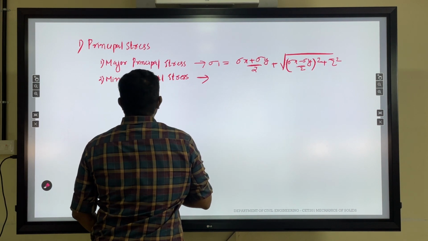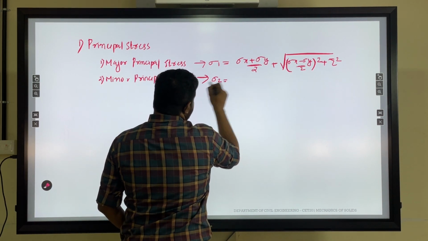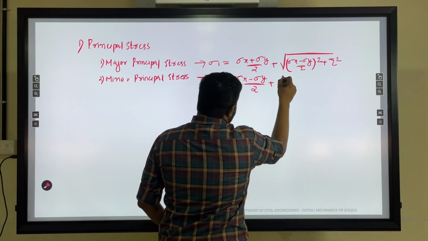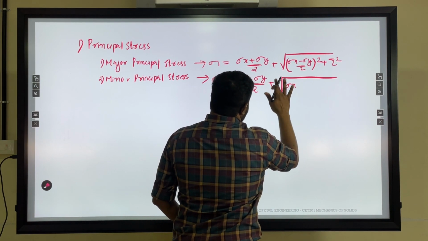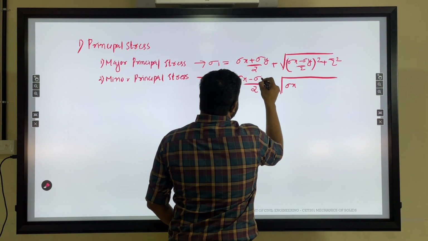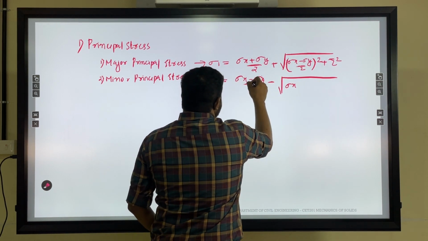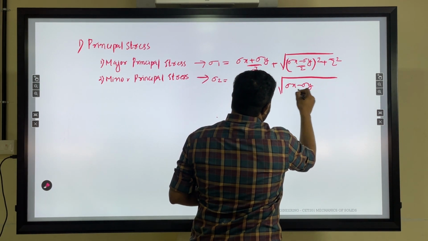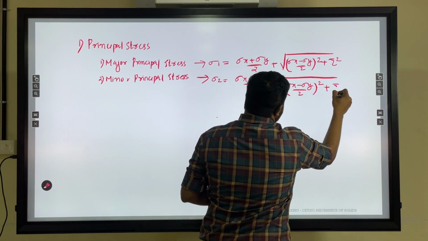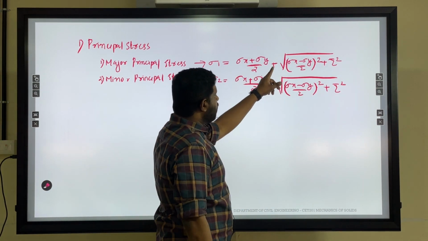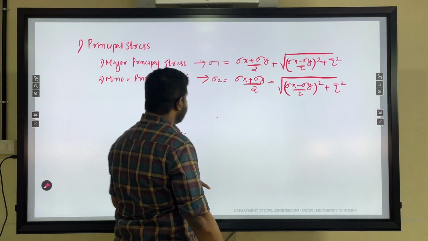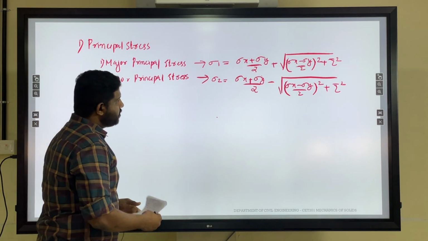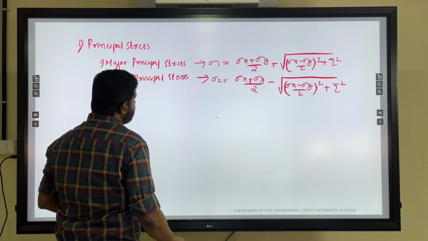And the second one, the minor principal stress, sigma 2, is (sigma x + sigma y)/2 - root of ((sigma x - sigma y)/2) the whole square + tau square. The difference is that one will be a positive value and the other a negative value. The first equation gives the major principal stress and the second gives the minor principal stress.